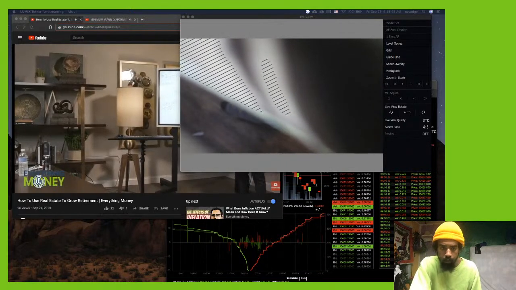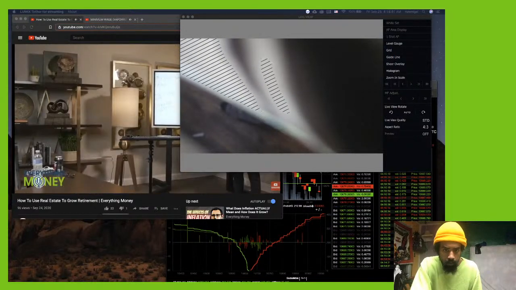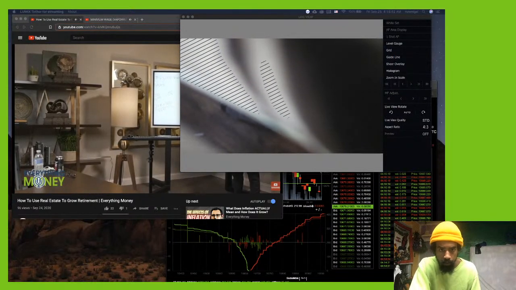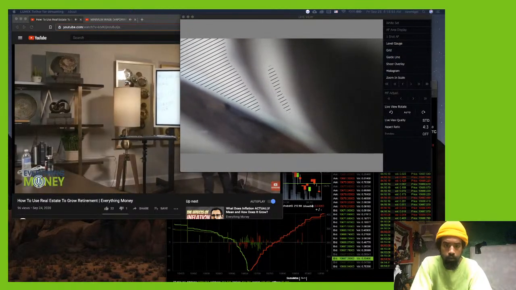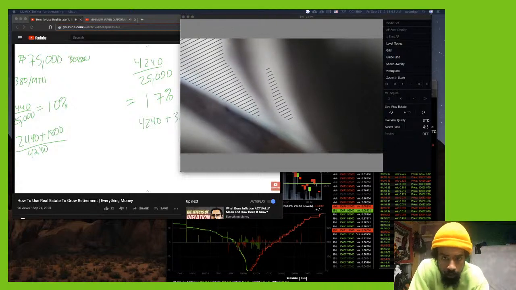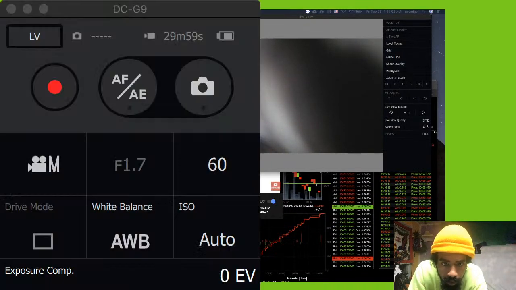You also forgot one thing. Your property also went up in value by 3%. I was going to bring that up. Over a long period of time, it'll go up in value by 3%. So on $100,000, what's 3% property value? $3,000. Now you have $4,240 plus $3,000 in property appreciation, divided by your $25,000.